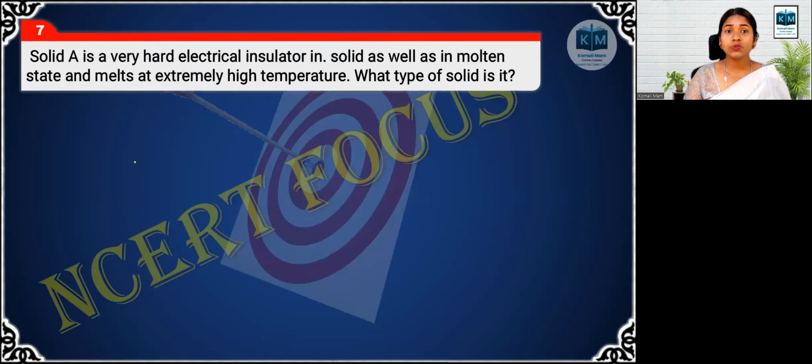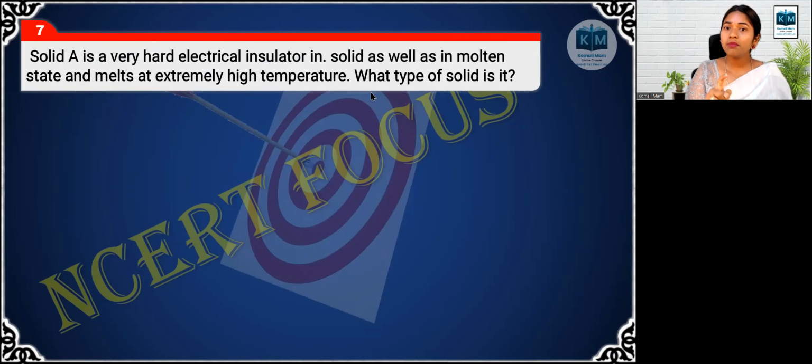Solid A is very hard, an electrical insulator in the solid state as well as in the molten state, and melts at extremely high temperature. See, some solids are insulators, fine, but here it is an insulator in the molten state also. Only in solid state an insulator means ionic.